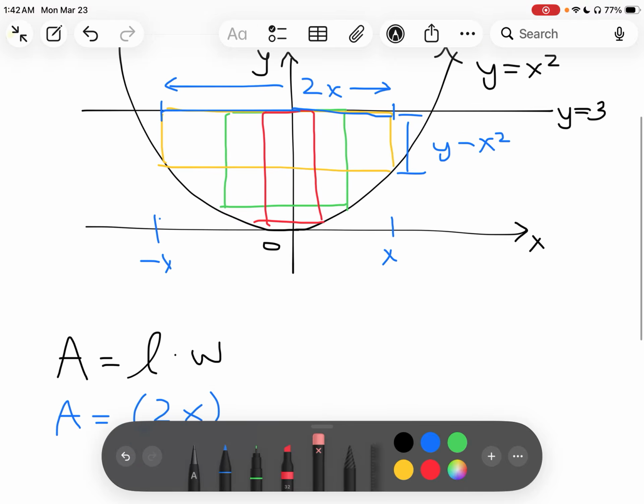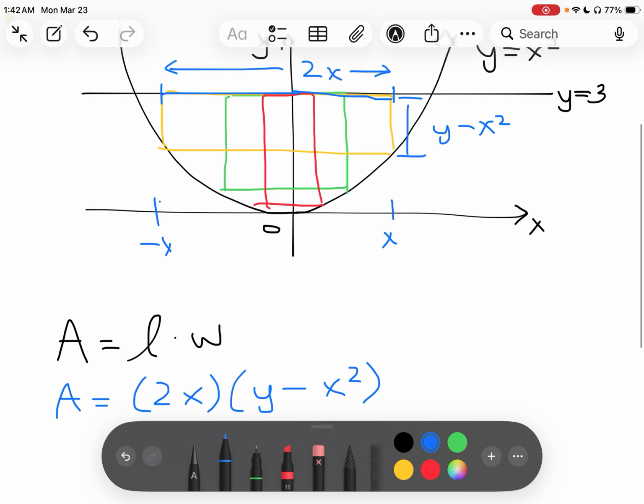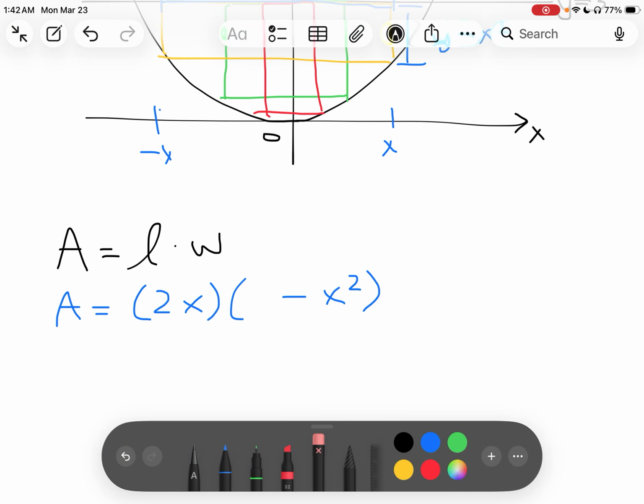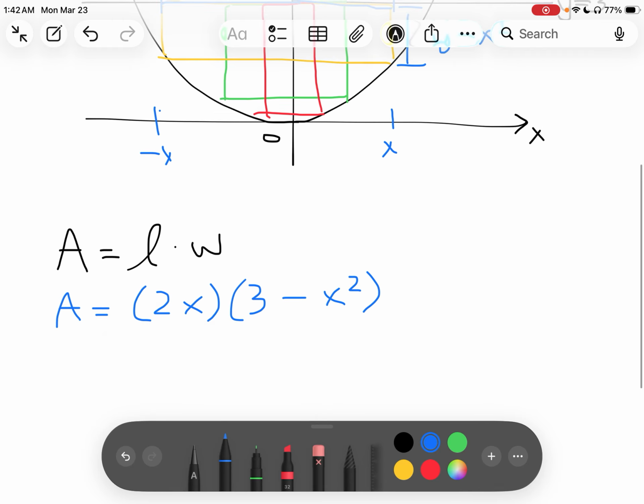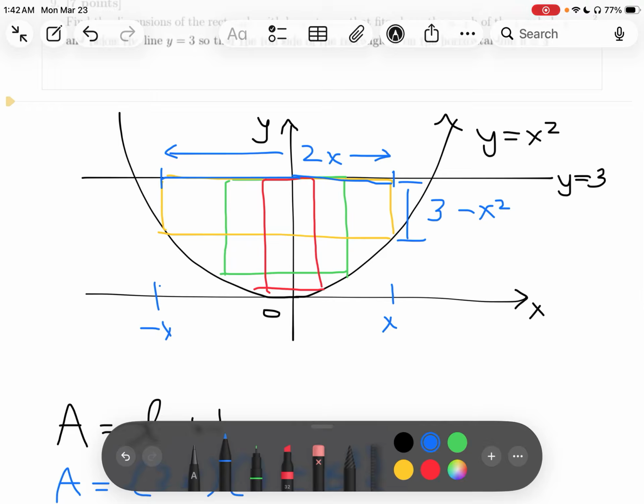Sorry, not y. The line above is y equals 3, so the width is 3 minus x squared. The line above is always 3, and the line below is the parabola, right?